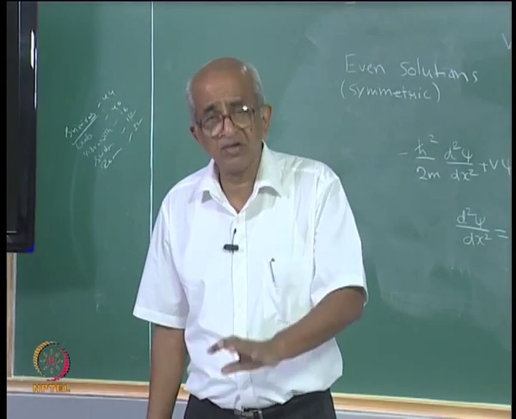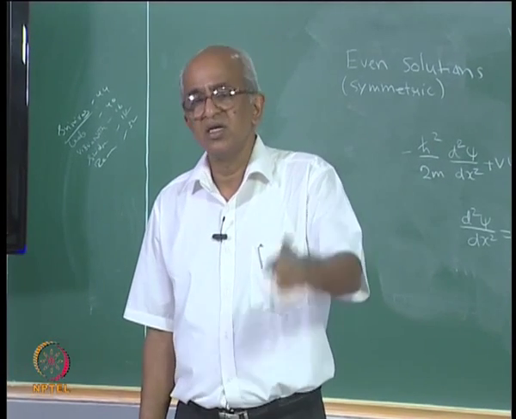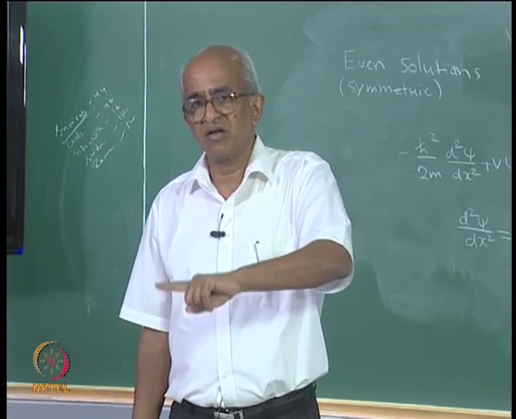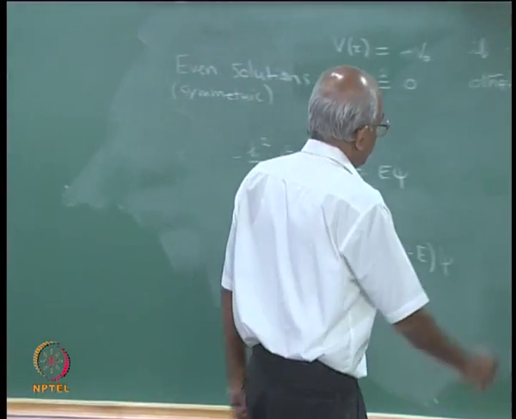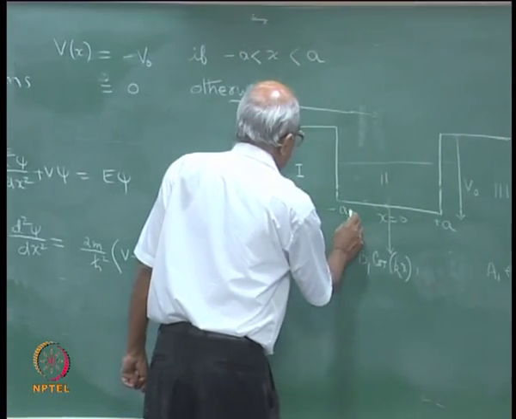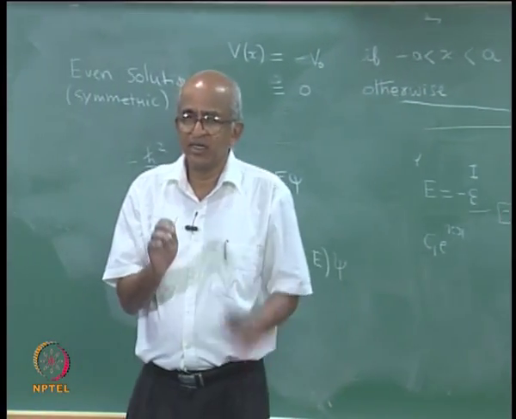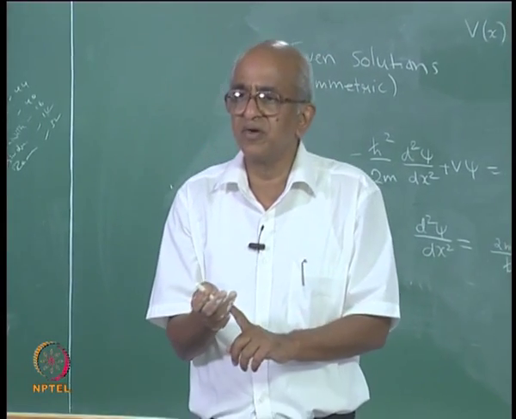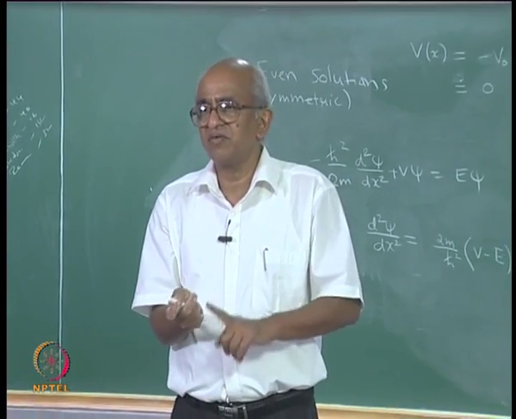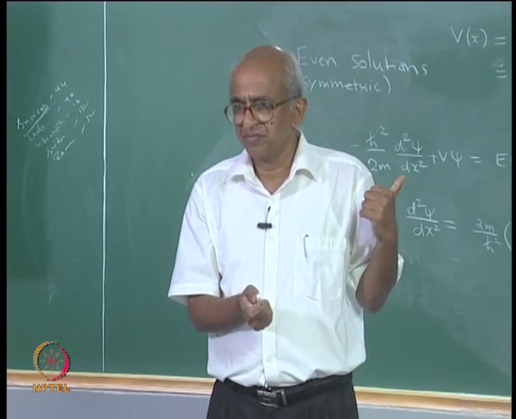Its second derivative will change discontinuously, but the first derivative will be continuous and the wave function itself will be continuous. So at x is equal to minus a, you have a discontinuity in the potential, but that does not mean that the wave function is discontinuous. The derivative of the wave function as well as the wave function itself is continuous at this point.